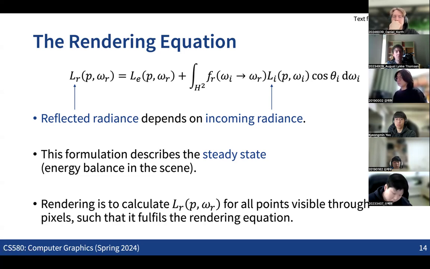And typically we cannot have an analytic solution for the integral, so we need a numerical approach to approximate it. We need some tricks to approximate this computation. That's what we are going to discuss for the rest of the course, how we can calculate those things.